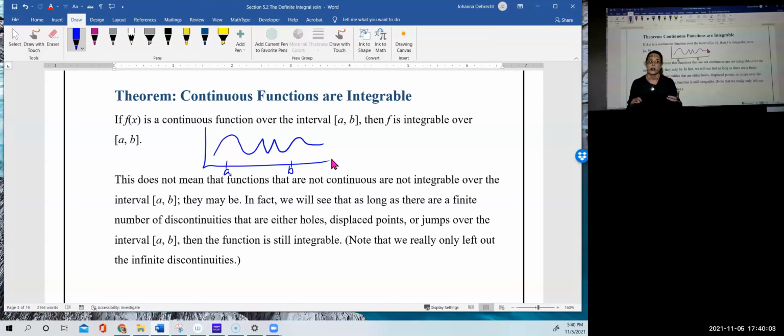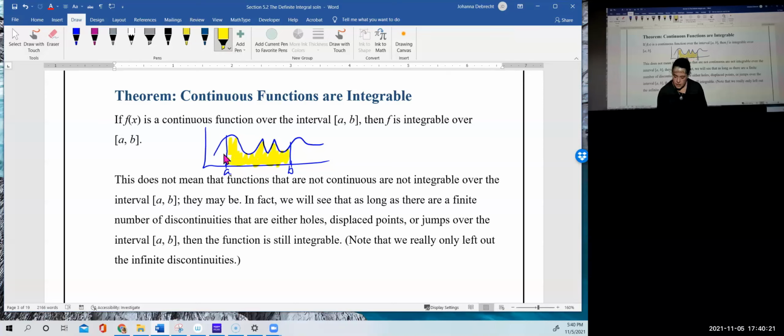In other words, there has to be an area between the curve and the x-axis. There has to be some value that you can find that is a finite real number that is the area of the shaded region that you see here.